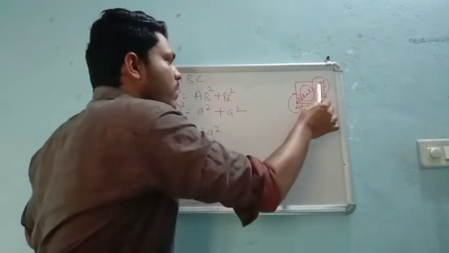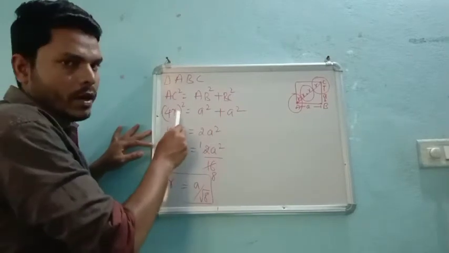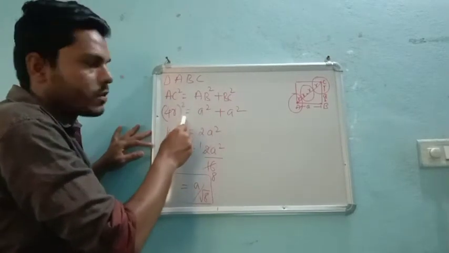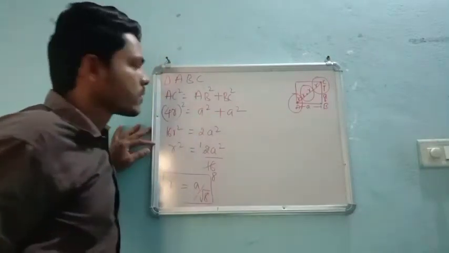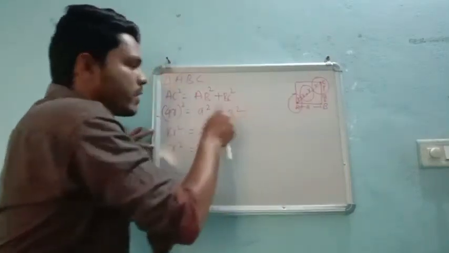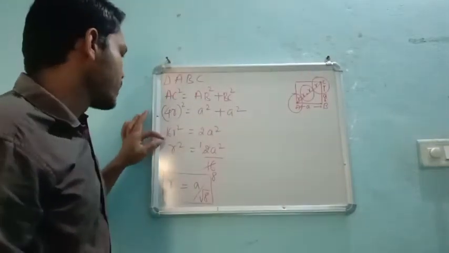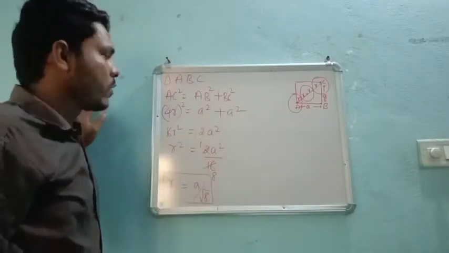AC, A to C, is 4r. So that's why I wrote 4r whole square, which is equal to AB, the edge length, a square, plus BC, which is again a square. So 4 4s are 16, 16 r square is equal to a square plus a square.